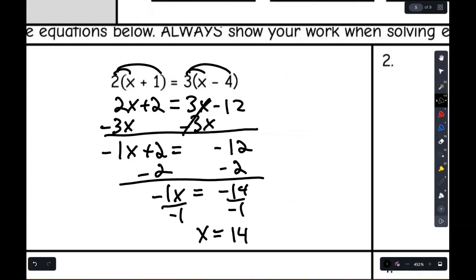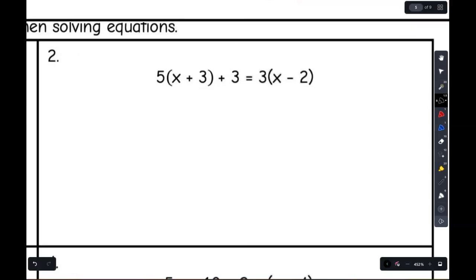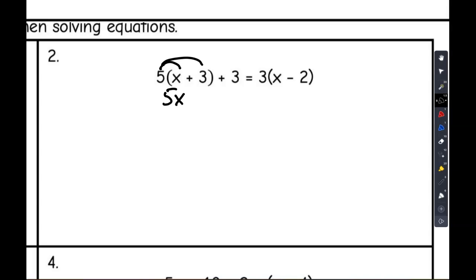All right, let's take a look at another one. Okay, here we're going to have to distribute and collect like terms. Let's see if we can do that right quick. I'm going to distribute the 5. 5 times x is 5x. 5 times 3 is 15.